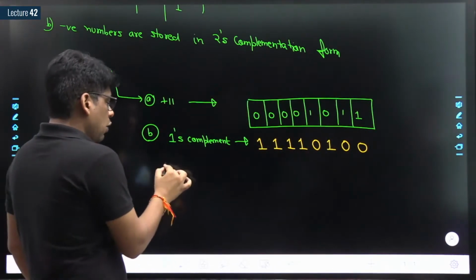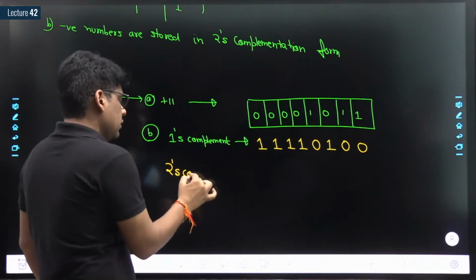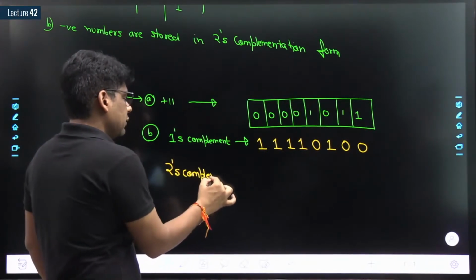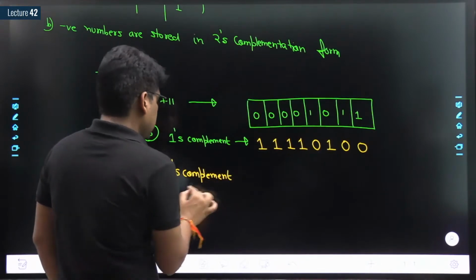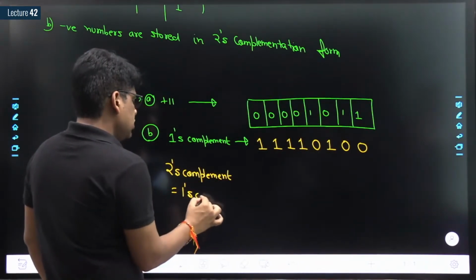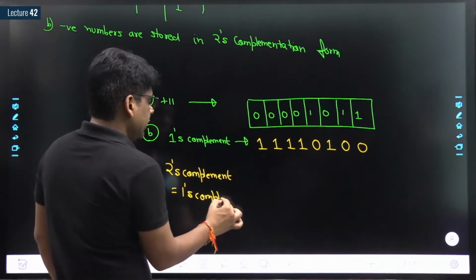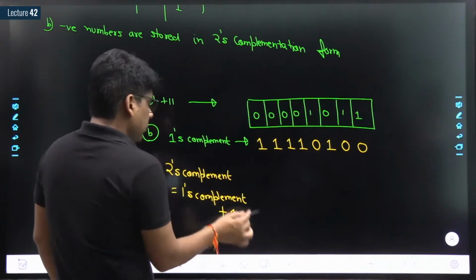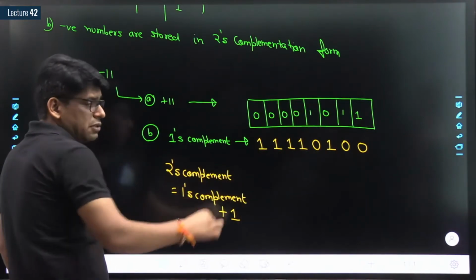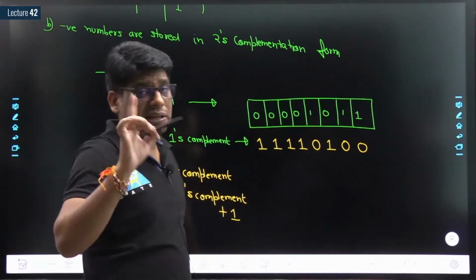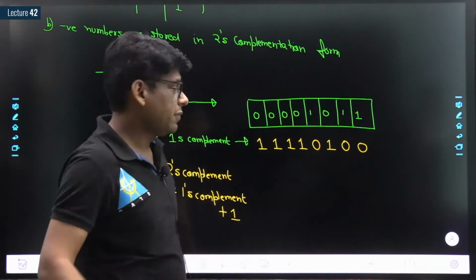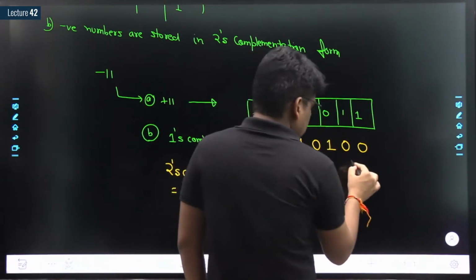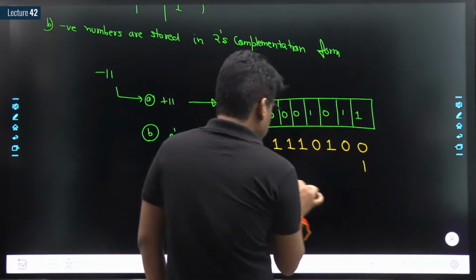Sir, now how could we find the 2's complement? The 2's complement is nothing but adding a 1 to the 1's complement. Whatever 1's complement you have calculated, just add a 1. But always remember, this addition is performed in binary. If I add 1 to this number, what will happen?